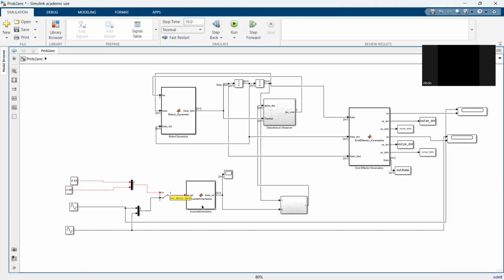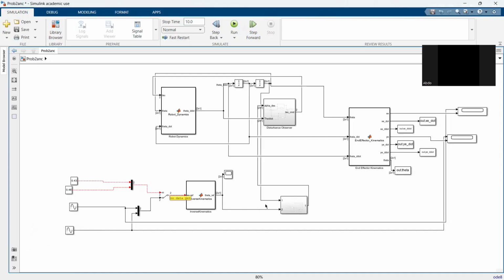Since the motion does not directly control xe and ye, we convert the desired end effector position into the desired angles, and by using the inverse kinematics block, we take the xy ref and convert it to theta 1 ref and theta 2 ref.